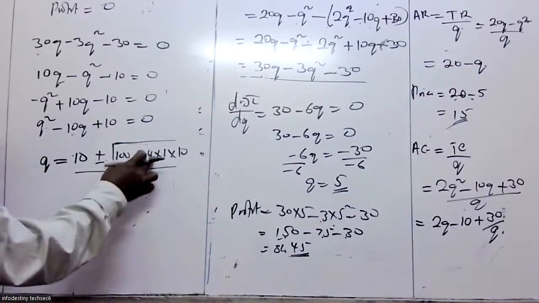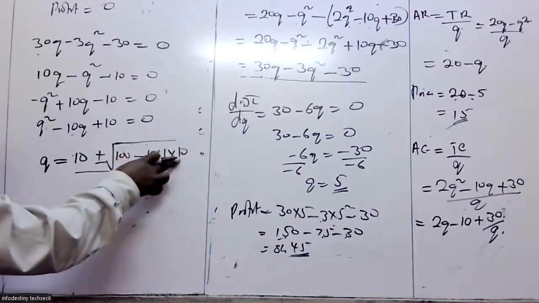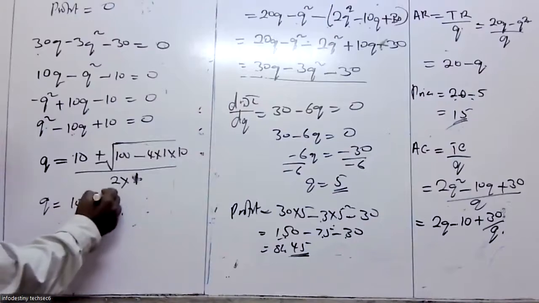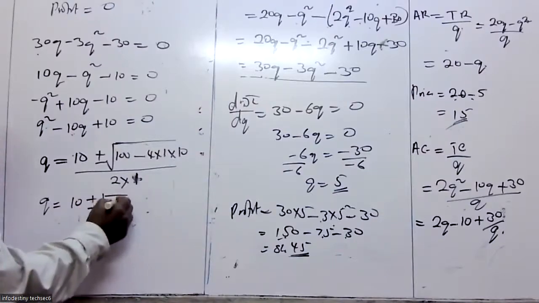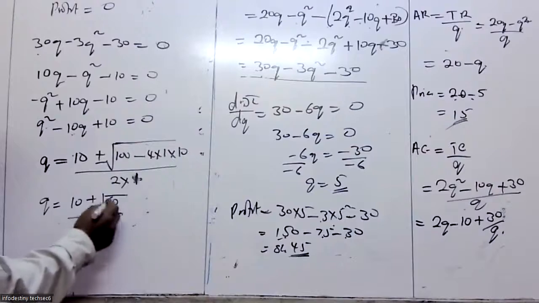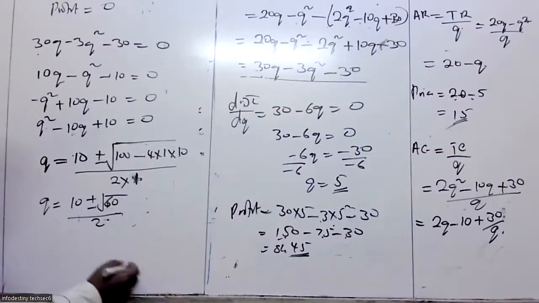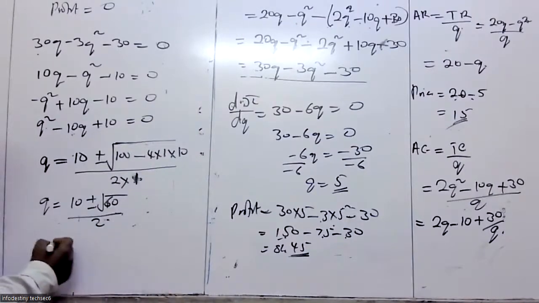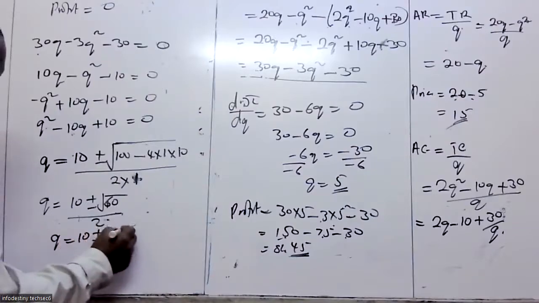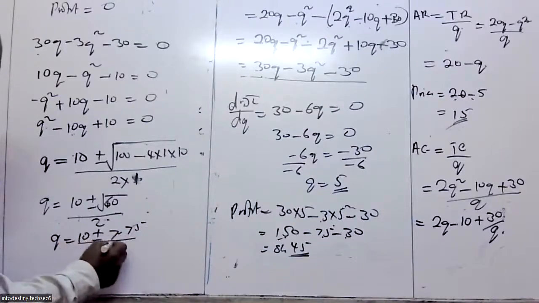So this is 40. 100 minus 40 is 60. So q will be equal to 10 plus or minus the square root of 60, over 2. The square root of 60 is 7.75. So q will be equal to 10 plus or minus 7.75, divided by 2.